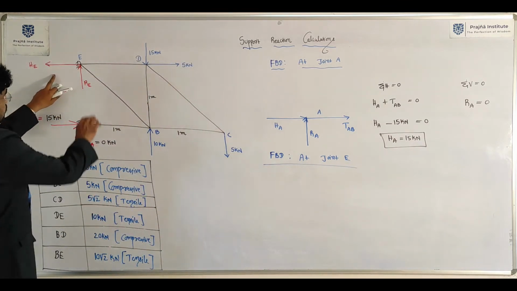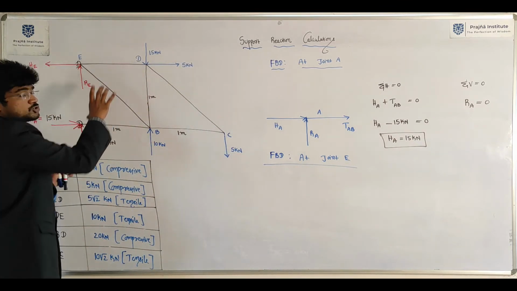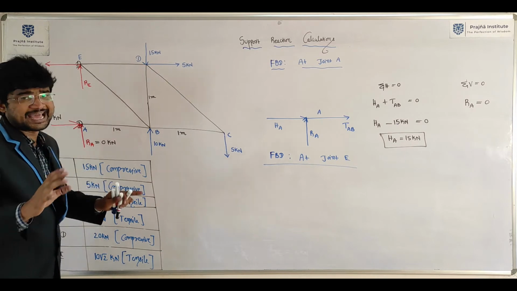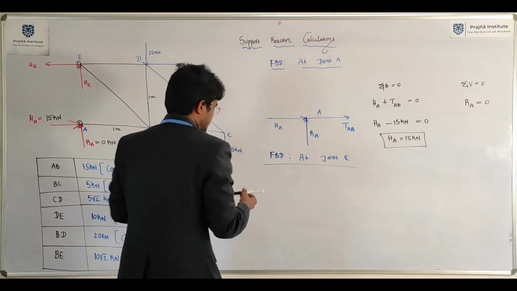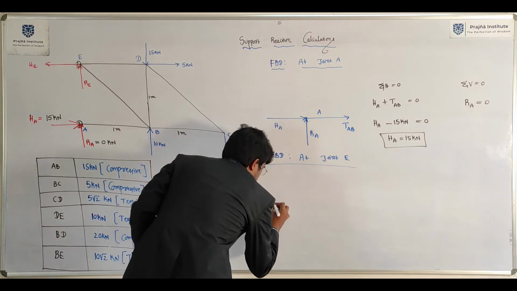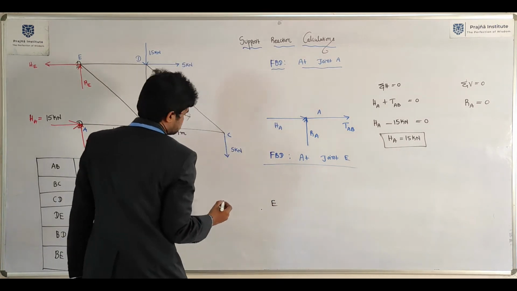We are having 2 unknowns. You determine forces in these 2 members. Just draw free body diagram and apply 2 equilibrium equations. We'll get 2 unknowns.